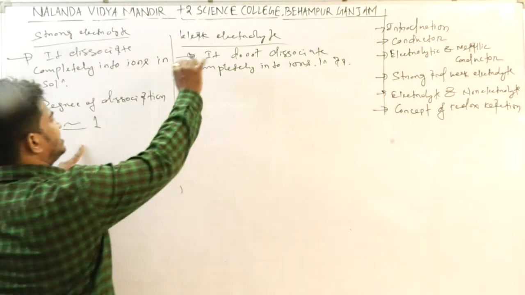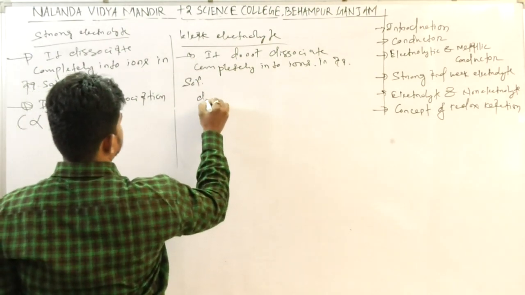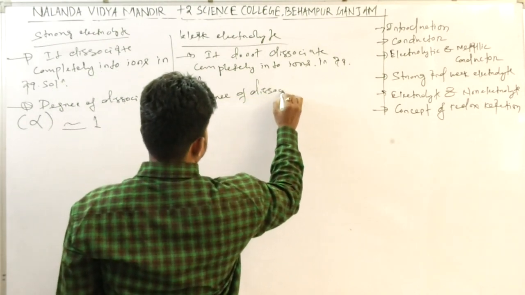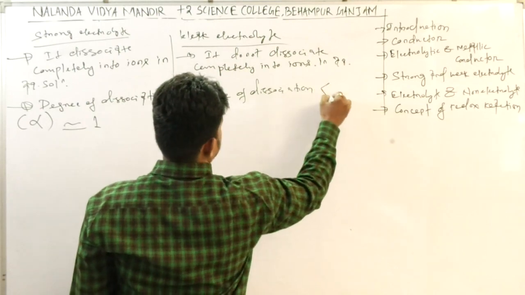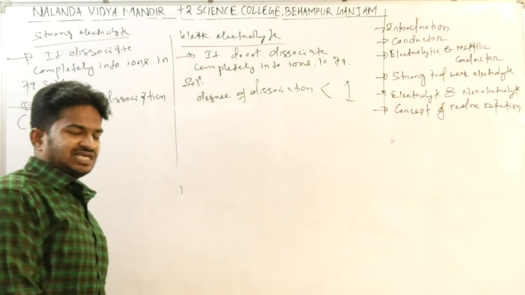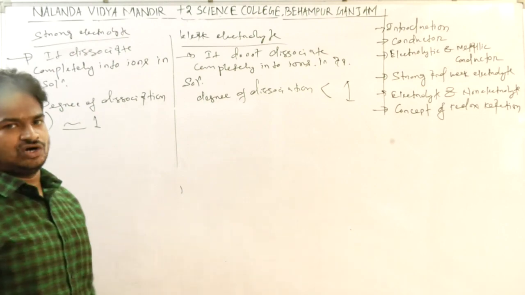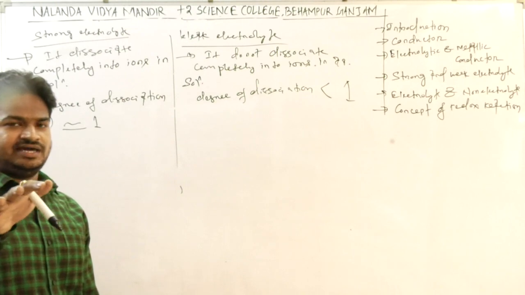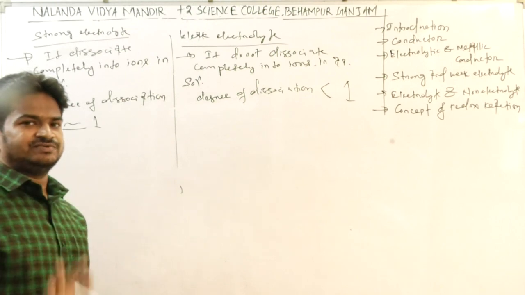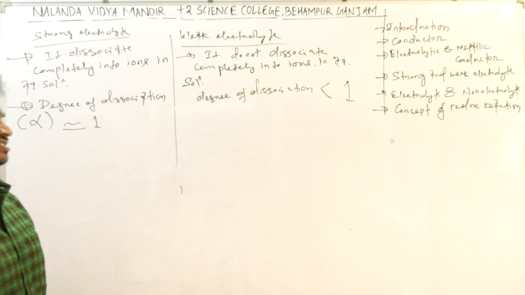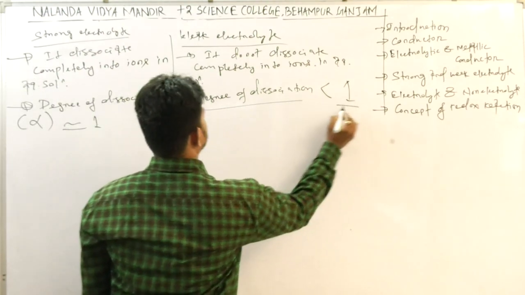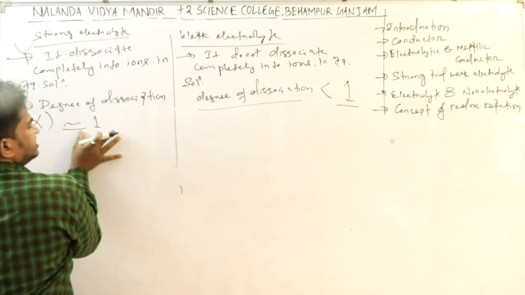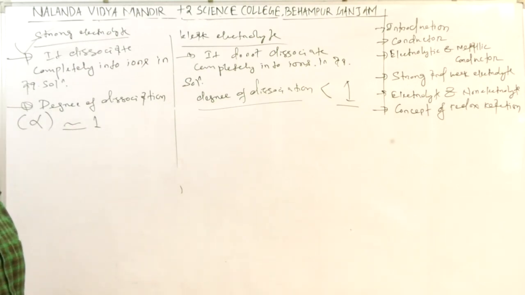But in case of a weak electrolyte, the degree of dissociation is less than 1. It means how much dissociation occurs per a particular measurement of solution. So the degree of dissociation is less than 1 here, and for the strong electrolyte it is nearly 1 or equal to 1.